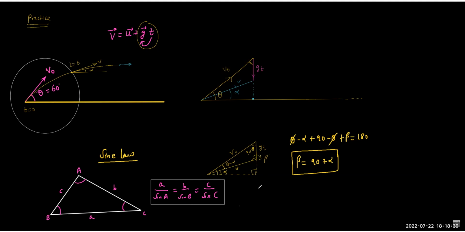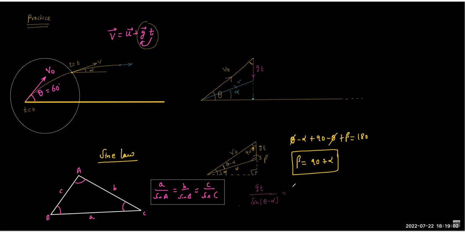So now using this method, what can we write? GT upon the angle in front of it. What is the angle in front of the GT side? Who will tell me? Theta minus alpha. Very good. So we can write sine of theta minus alpha.